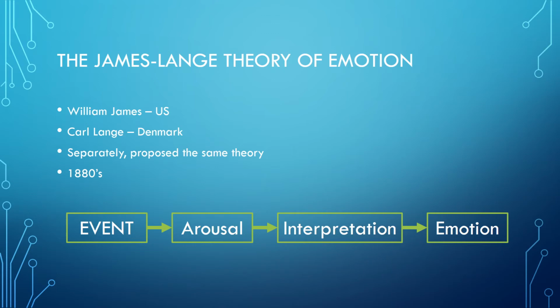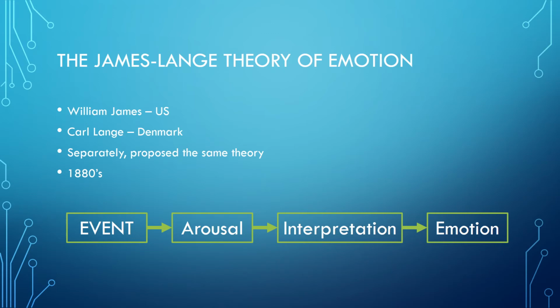That arousal is interpreted, is thought about, and then from the conclusion that comes from that interpretation, an emotion is identified that matches that pattern of physiological arousal. Event, the arousal comes first, whether that's the butterflies in the tummy, the sweaty palms, the racing heart, the, oh, I need to go to the toilet now.